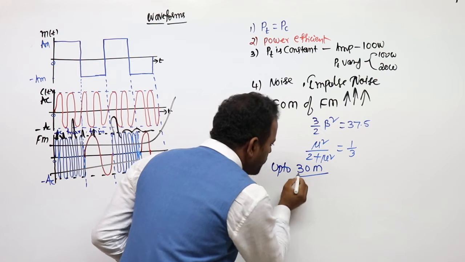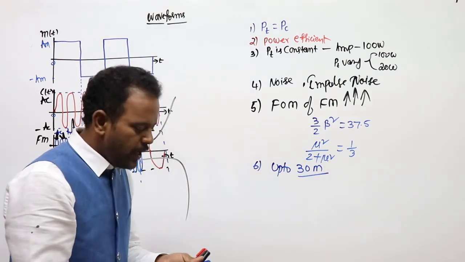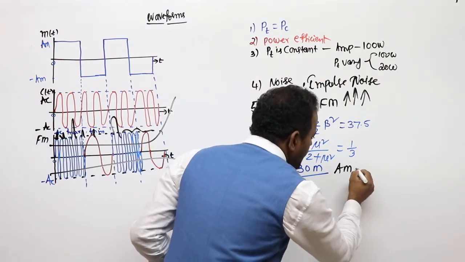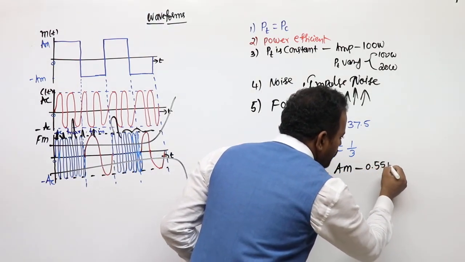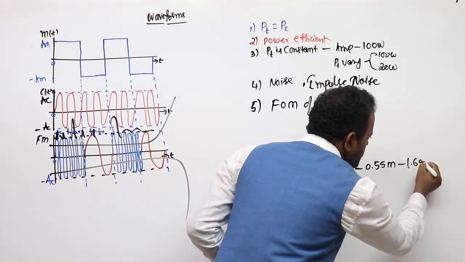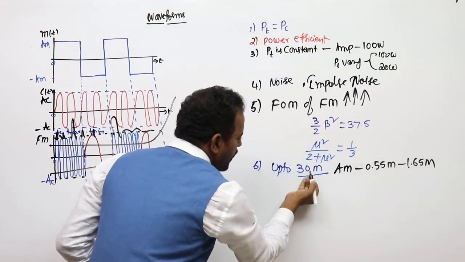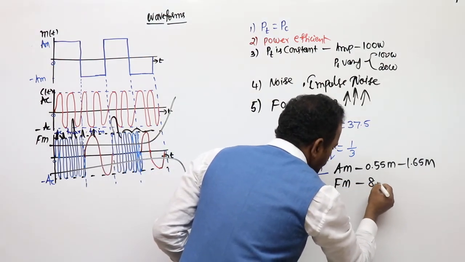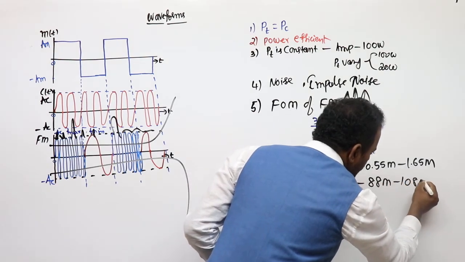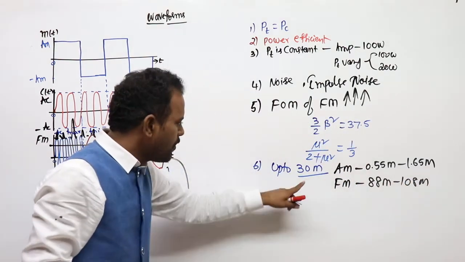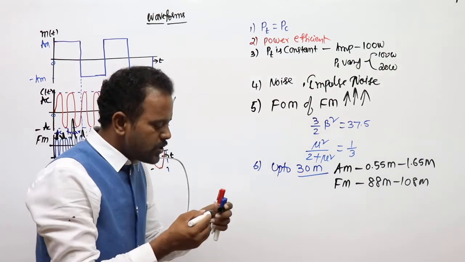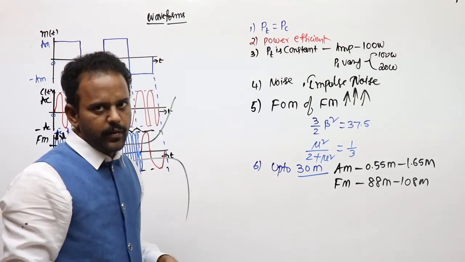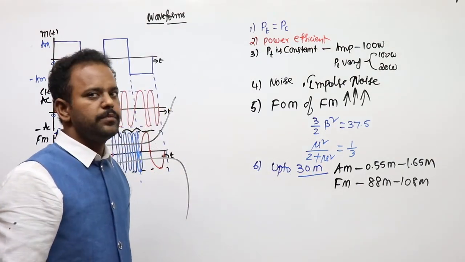If you take the AM broadcasting range, what is it, sir? 0.55 mega to 1.65 mega, very far behind in this range. Coming to FM, 88 mega to 108 mega, a very high frequency range, far above this 30 mega. So static noise effect will be less on FM, but it will be more on AM.